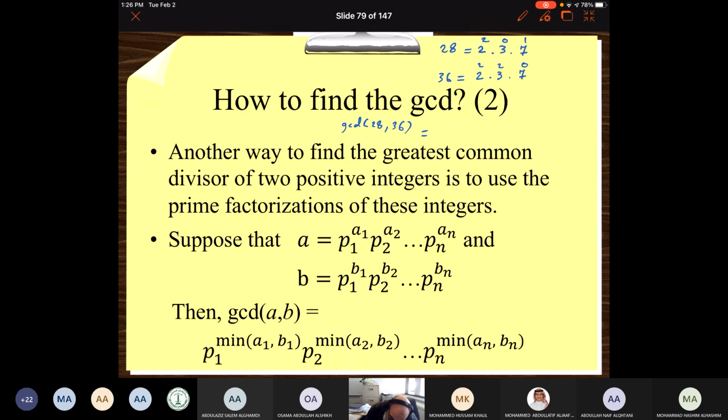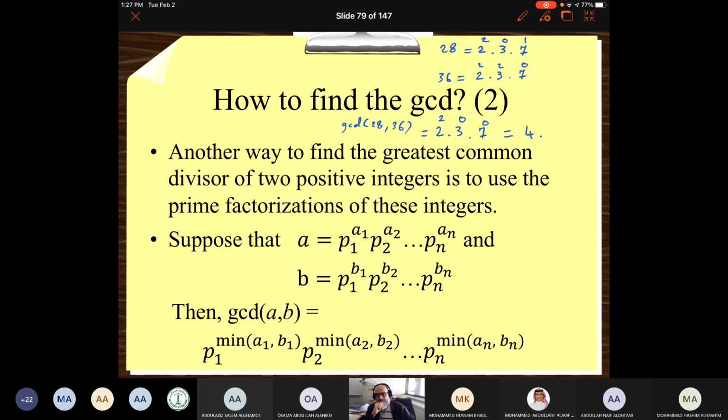Well, it's going to be 2 to the power of the minimum of 2 and 2. What is the minimum of 2 and 2? 2. Multiplied by 3 to the power of the minimum of 0 and 2, which is 0, multiplied by 7 to the power of the minimum of 0 and 1, which is 0. So this is equal to 4.